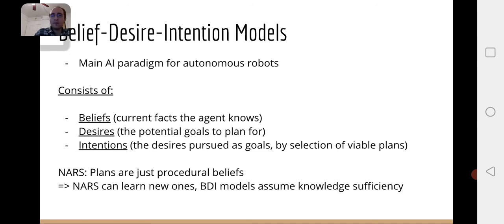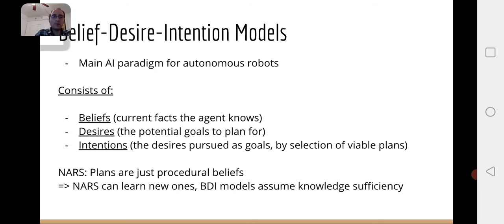Another technique we necessarily have to compare with is belief, desire, intention models. It's one of the main AI paradigms for autonomous robots. It consists of beliefs, which encode current facts the agent knows and current perceptions, desires, which are potential goals to plan for, and intentions, which are essentially the desires pursued as goals by the selection of viable plans which get the goal achieved.